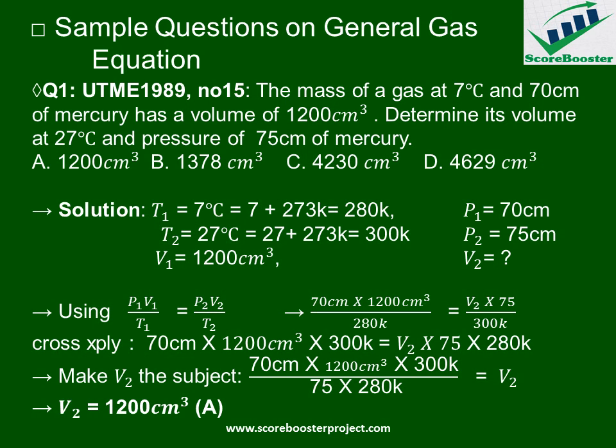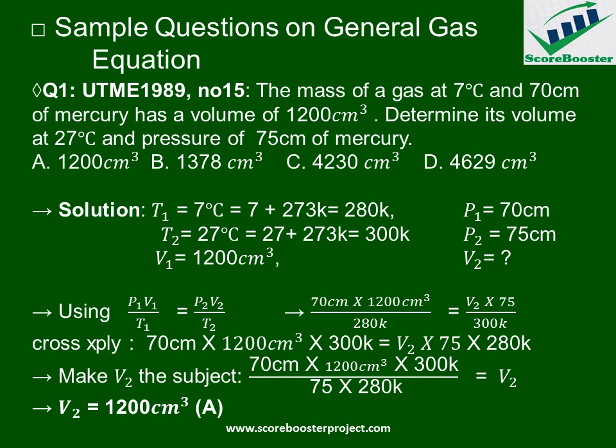We are given option A to be 1200 cm3, option B to be 1378 cm3, option C to be 4230 cm3, while option D is 4629 cm3. Now on to the solution.